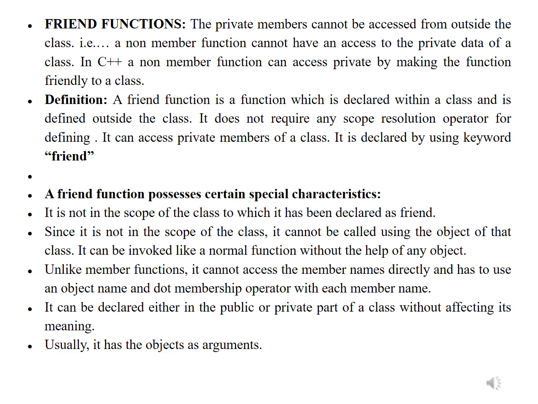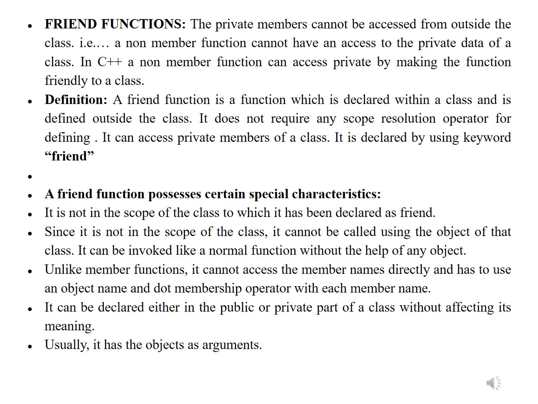A friend function possesses certain special characteristics. It is not in the scope of the class in which it has been declared as a friend. Since it is not in the scope of the class, it cannot be called using the object of that class. It can be invoked like a normal function without the help of any object.